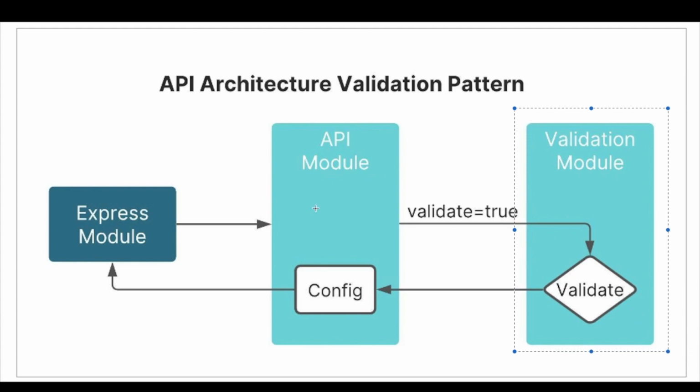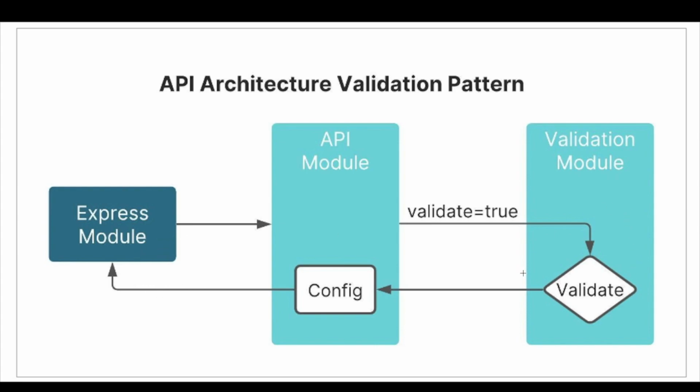Before performing the actual operation of storing the data into the database, from this API we are going to hit this validation module, and this validation module will perform the validation whether all the required data is filled or not. Once that is done, it will pass the data to this API module, as this arrow says.